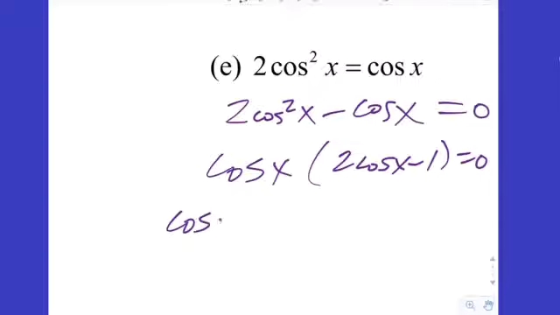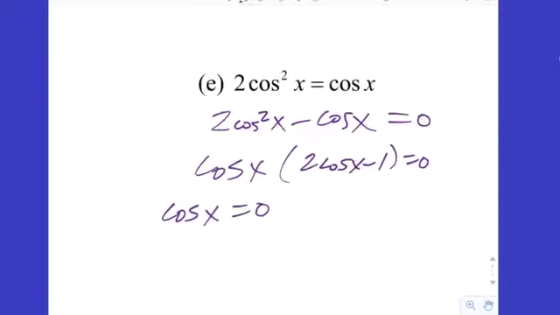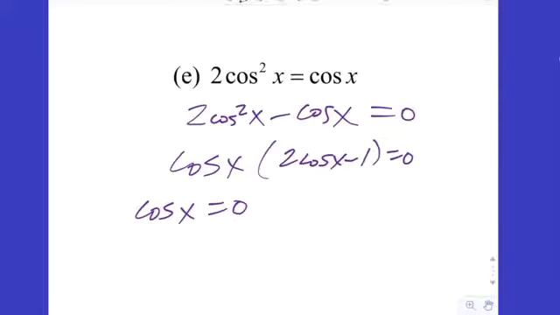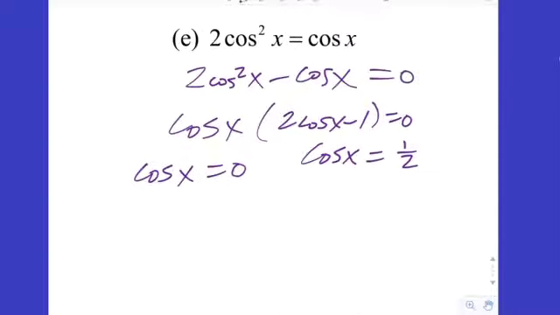So you set them each equal to 0, cosine of x equals 0, and that's the equation you would have lost if you divided out the cosine from the beginning. And then cosine of x would equal what? If you set 2 cosine minus 1 equals 0 and solve for cosine, you get cosine equals 1/2. Yeah, and that's fine. If you want to set it equal to 0 in your head and solve, this is fine. This is all I really need to see.